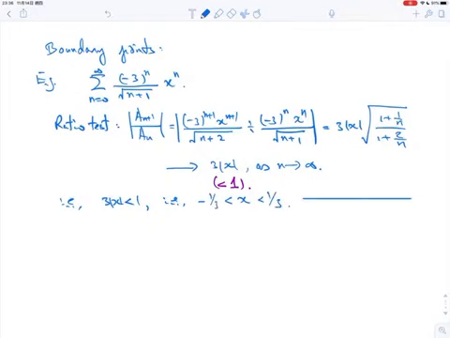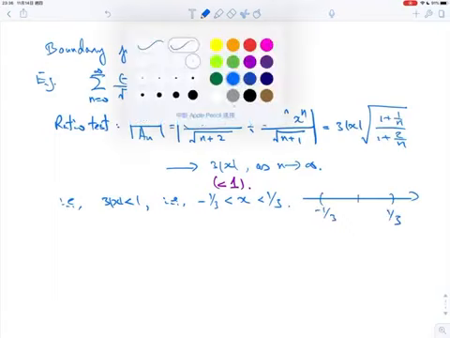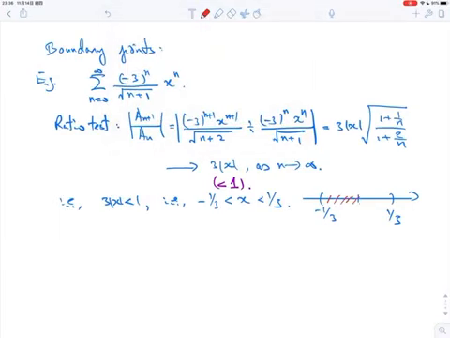Therefore the interval of convergence is minus a third to a third, and as in the last example, every point between these two ends will converge. Moreover, the radius of convergence is 1/3. All right, so that was already discussed.